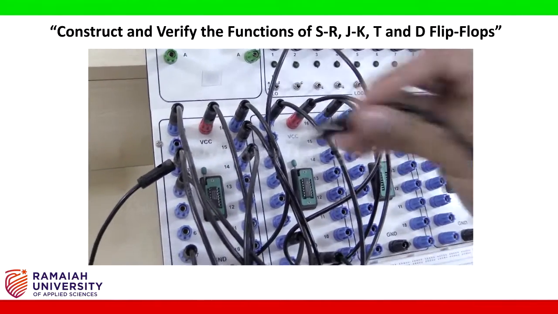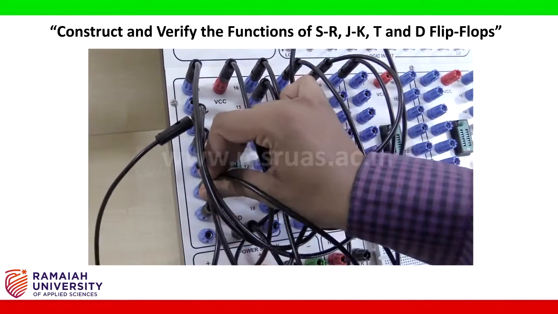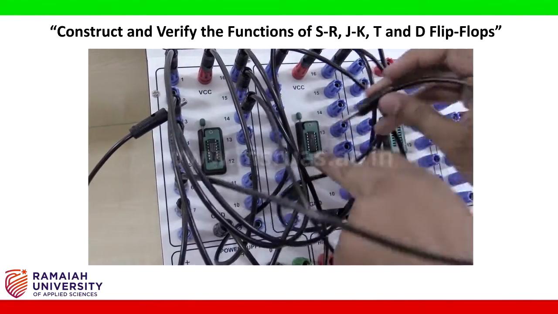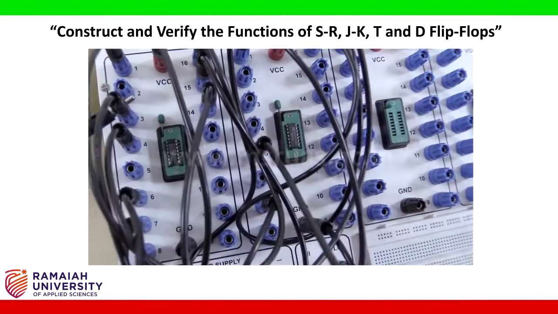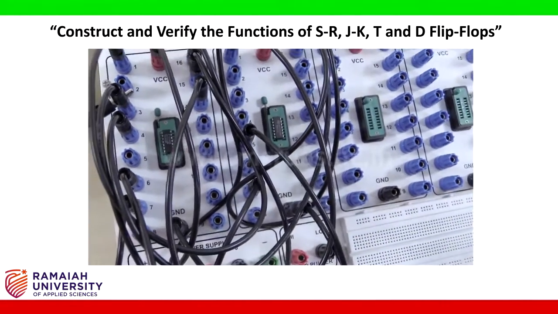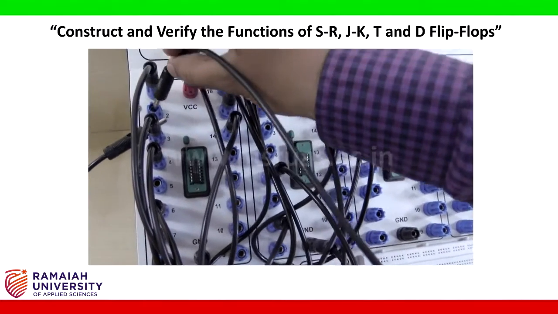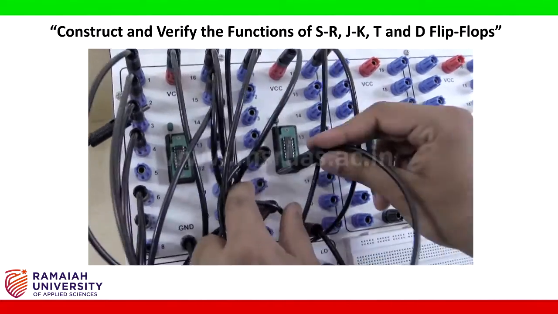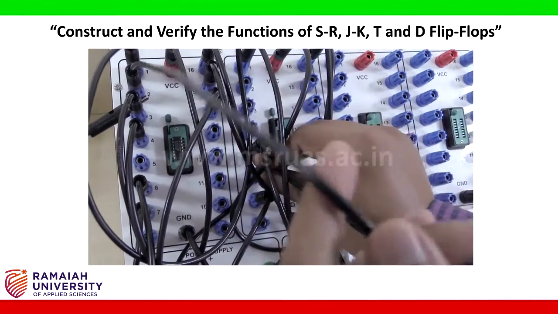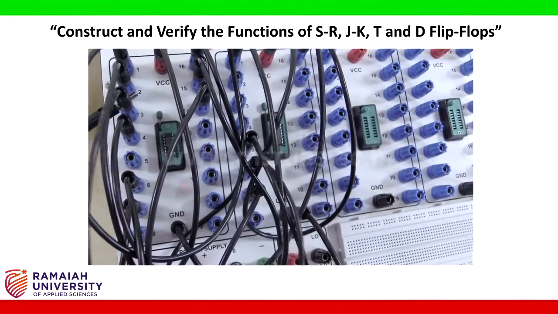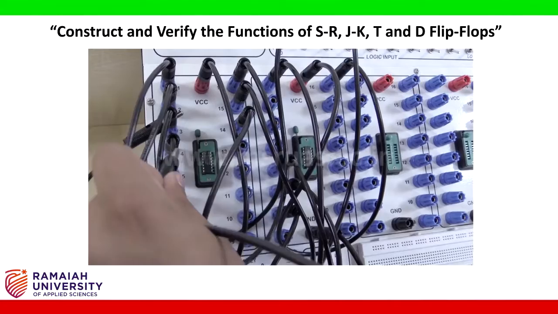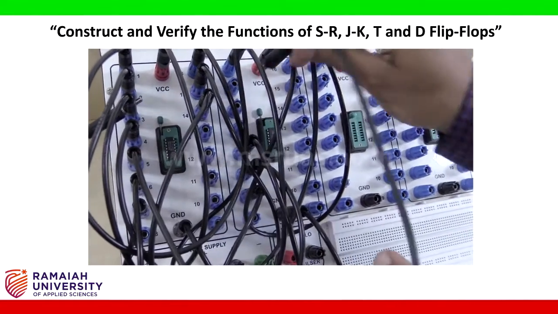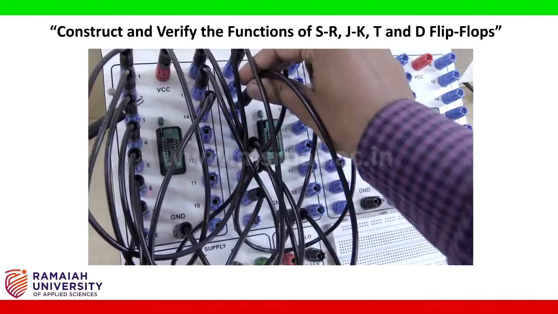Then pin number 6 of the first IC base is connected to pin number 5 of the second IC base. And pin number 2 of the first IC base is connected to pin number 6 of the second IC base. Pin number 5 of the first IC base is connected to pin number 3 of the second IC base.